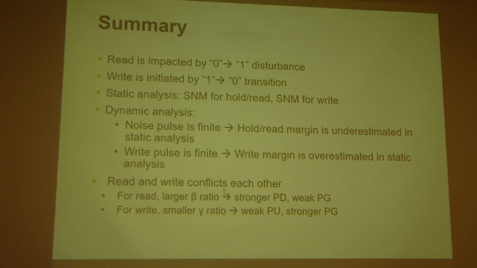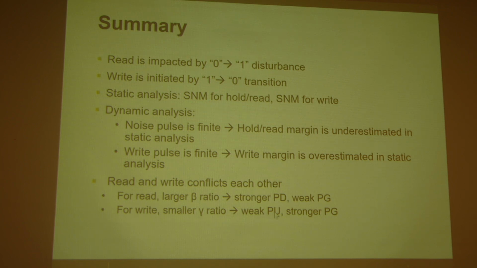And then if we stay with the 6T design, we have this conflict. To make the read better, we need a larger beta ratio. That means stronger pull down and weak pass gate. And for the benefit of the write operation, we want a smaller gamma ratio.